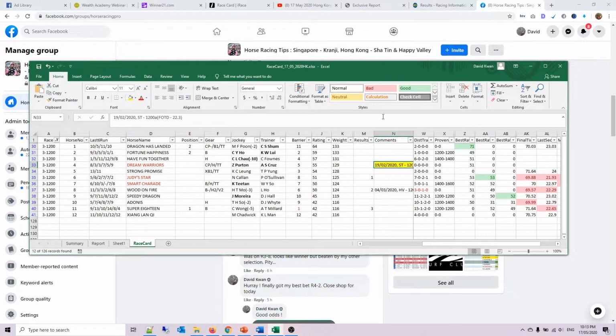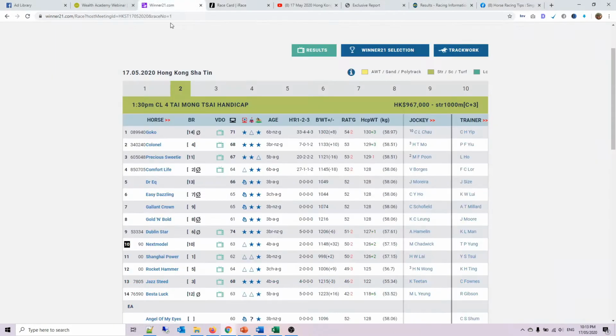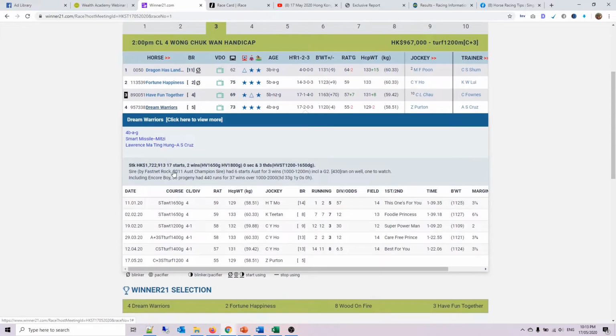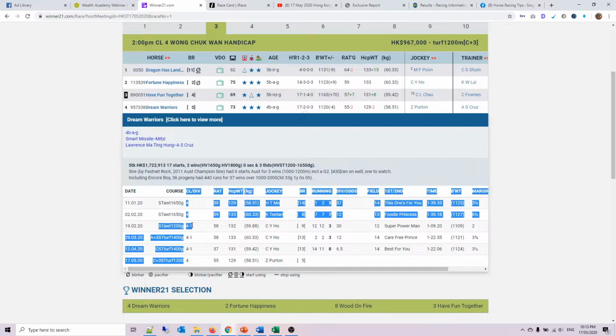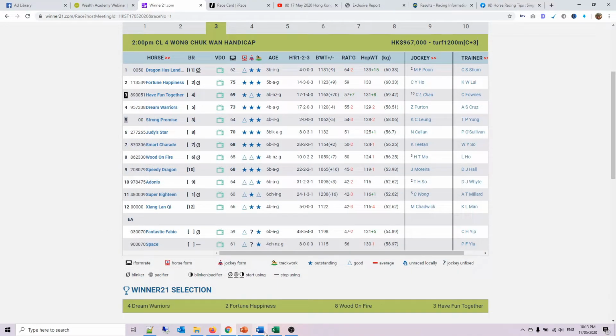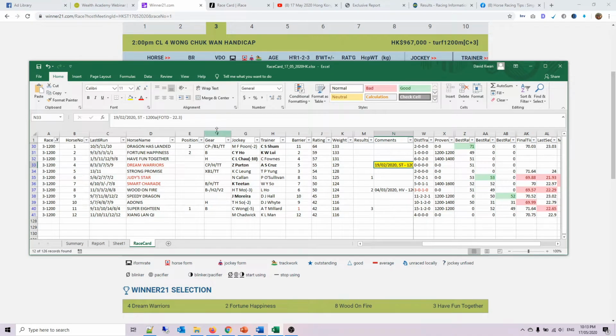Let's go to race 3. It had a very good run on the 19th of February. This is on an all-weather track. If you look at my comment here, it is running on all-weather track A. In this case, I didn't put too much attention on this, but I'll still take a note.